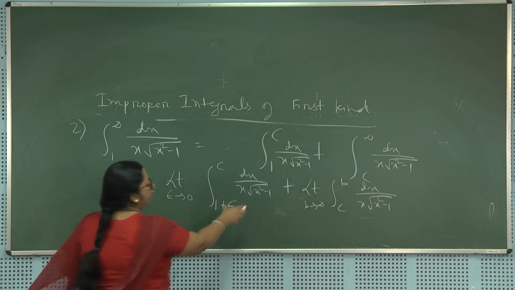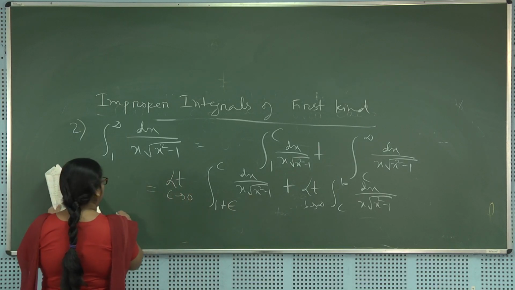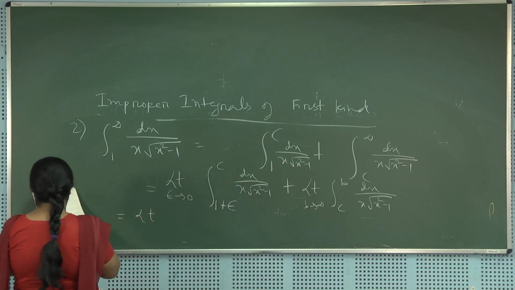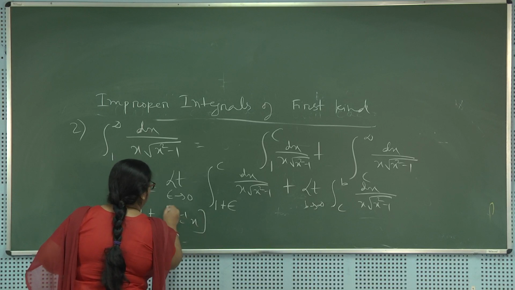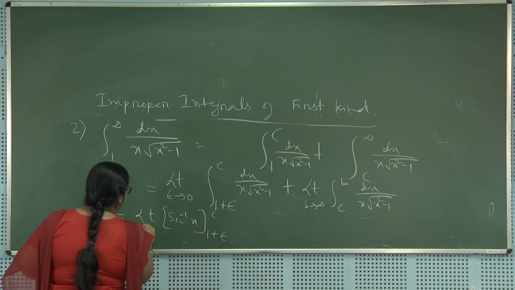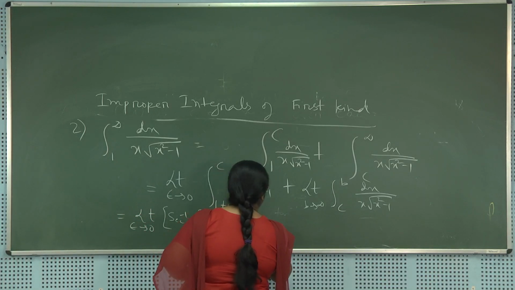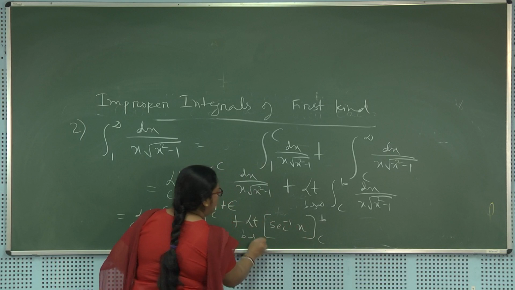And you know this is nothing but sec inverse of x. So, we will just put in the limits and we will get the answer. It is the limit of sec inverse of x from 1 plus epsilon to c, as epsilon tends to 0, and the other side is the same: sec inverse of x from c to b, with b approaching infinity.